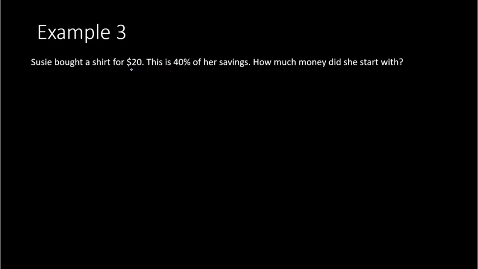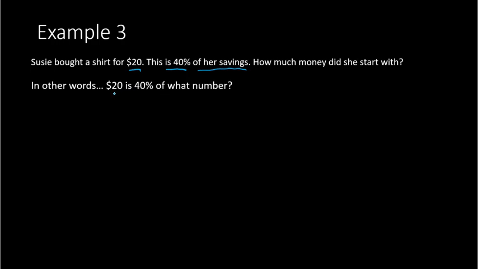We can say that $20 is 40% of some number. So $20 is 40% of what number? So this question can be summarized with this one statement. Once you have the statement, it's very simple, or simpler, to convert to an equation.